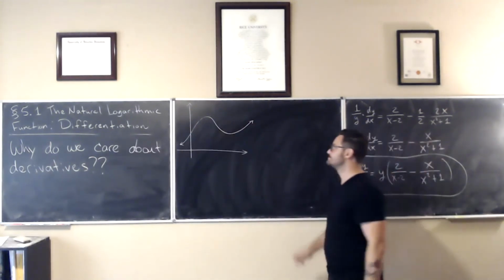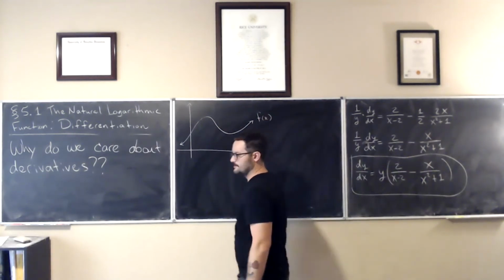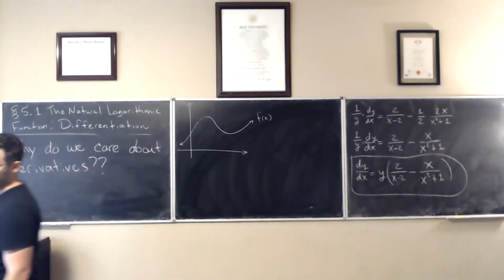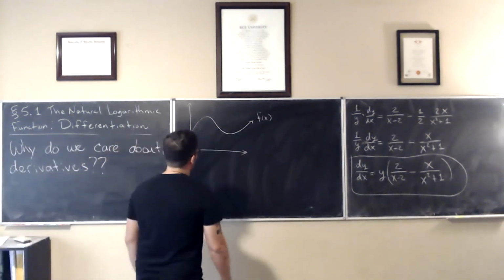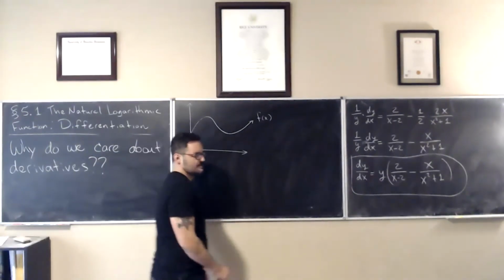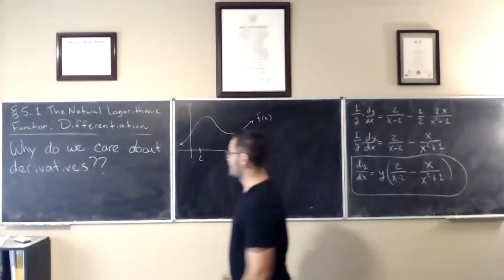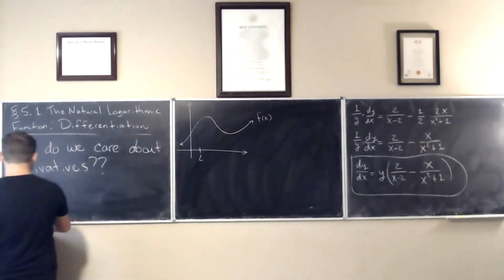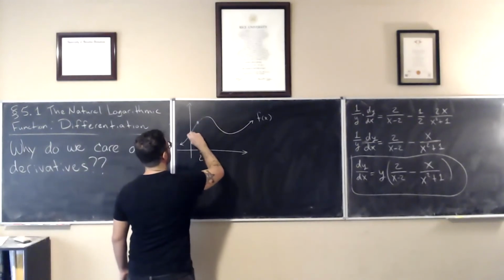There's a curve, some continuous or smooth function f. And suppose here's c, some number c. How do we calculate the slope of this line?